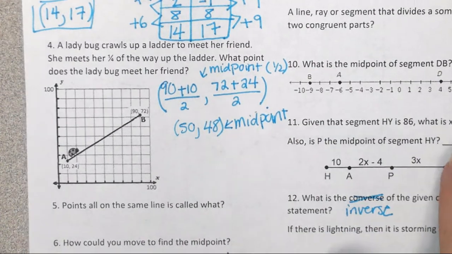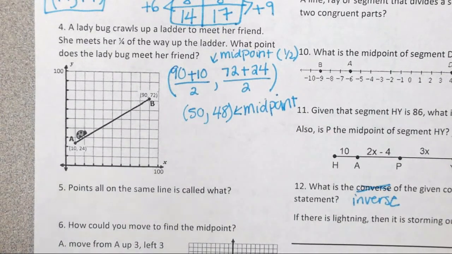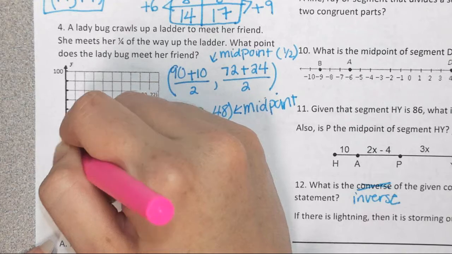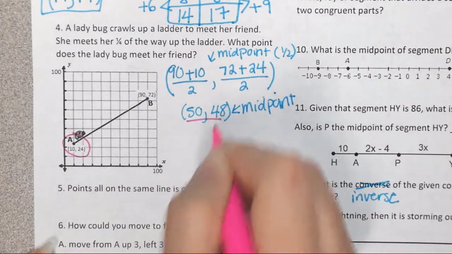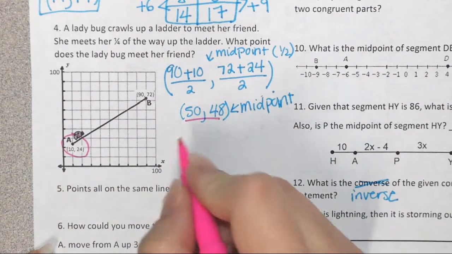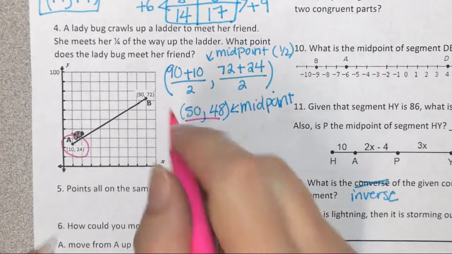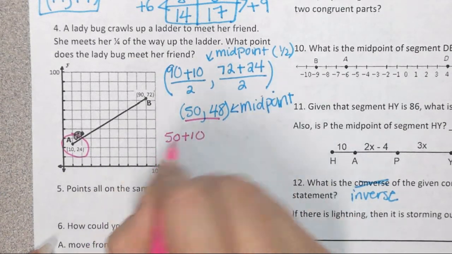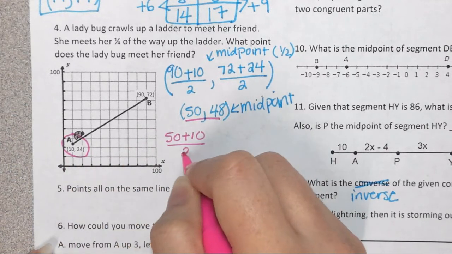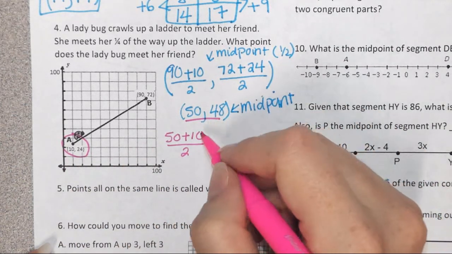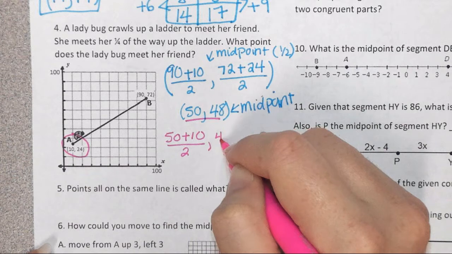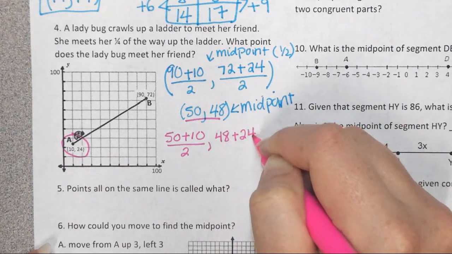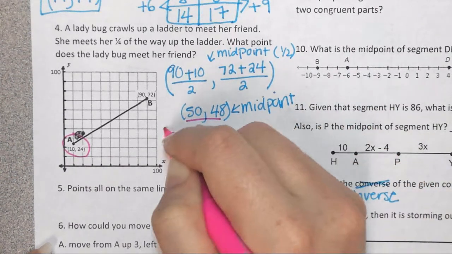To get the 1/4 point, which I'll do in a different color, I'm going to use point A and this midpoint, and I'm going to find the middle between them using the midpoint formula again. So I'm going to do 50 plus 10 this time, divided by 2, and 48 plus 24 divided by 2.